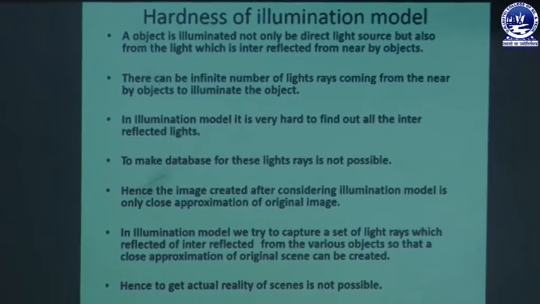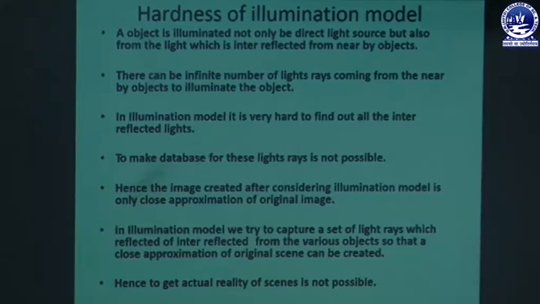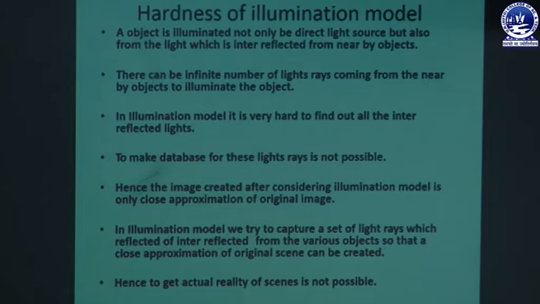That means when the illumination model calculates the light intensity reflected from the surface of the given rendering object, some difficulties come up. The first difficulty is that an object is illuminated not only by a direct light source but also by light which is inter-reflected from nearby objects.